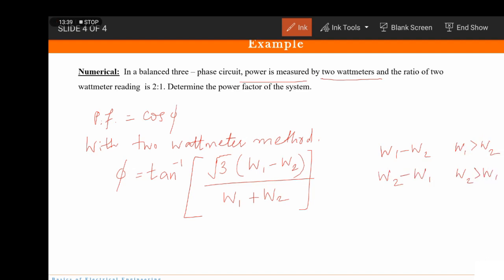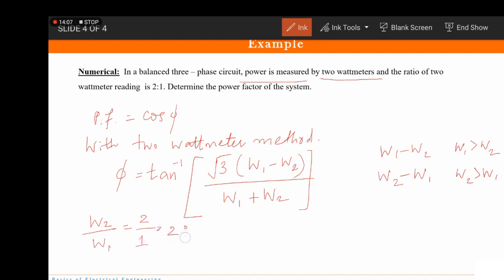Okay? Fine. But now we don't know what is W1 and W2. But what is given in the numerical, it says that the ratio of 2 wattmeter readings is 2:1. So whenever it is specified that ratio of 2 wattmeter reading, it means W2 by W1 is specified. And that ratio is specified to be 2:1.